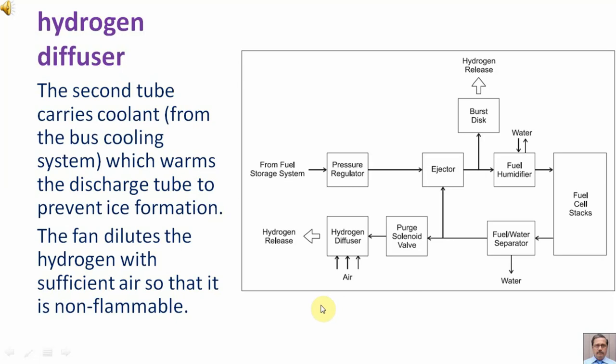The second tube carries coolant from the bus cooling system, which warms the discharge tube to prevent ice formation. The fan dilutes the hydrogen with sufficient air so that it is non-flammable.